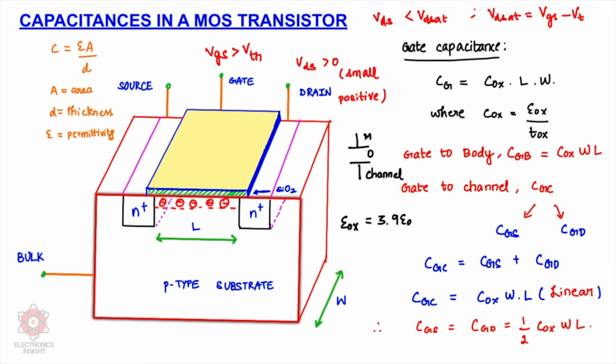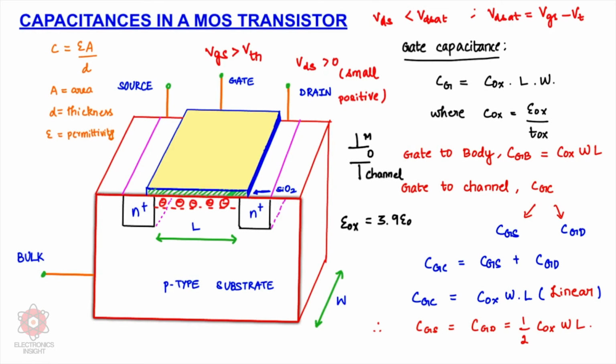Area is length into breadth, where here we are concentrating on the channel length, or the gate length, denoted by L, and then we have the width of the channel which extends like this, and that width is given as W. Hence area is L into W, and the gate capacitance is written as Cg equal to Cox into L into W.